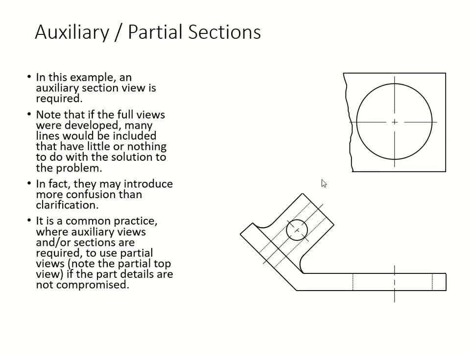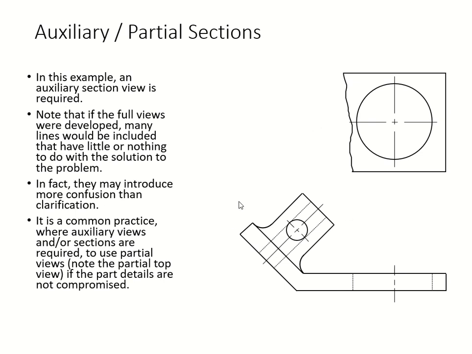Okay, so here is our given problem, and we don't need to do the full view or full sectioning here, or half sectioning. Because of the way your top view is, it's just a partial, so we can use a partial view.